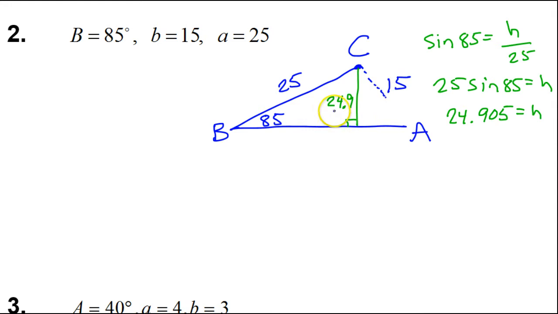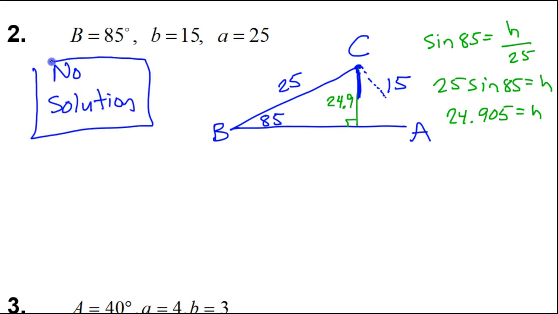The height of the triangle is almost 25, so 15 is too short. Even if I stretched it straight down, 15 is not going to reach if the height is 24.9. So this will not form a triangle. So we will write no solution, and we'll move on to the next problem.